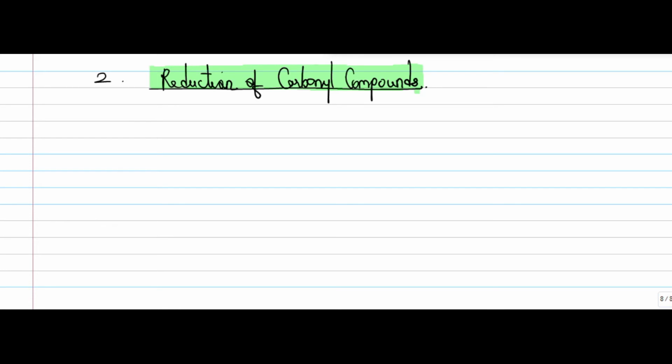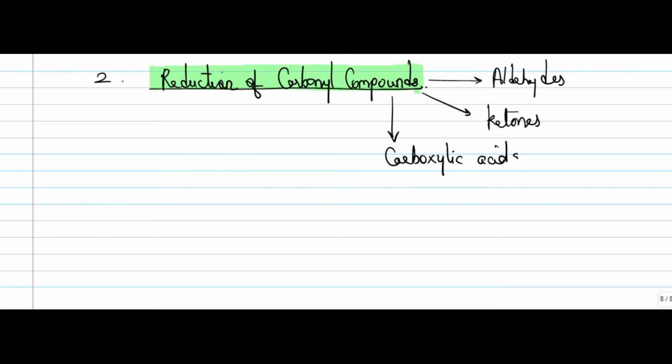Now first of all, let us understand what kind of carbonyl compounds we're talking about. Carbonyl compounds can be aldehydes or ketones, or we could take up carboxylic acids, or we could probably take up esters.